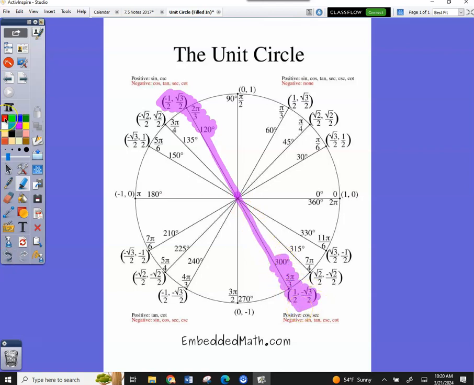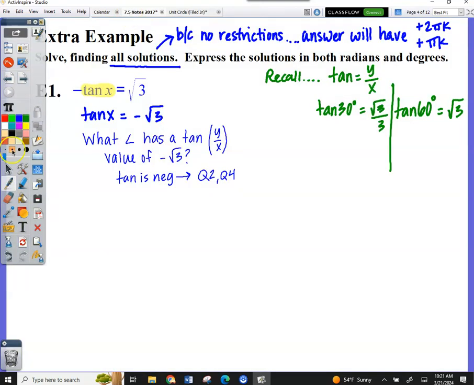Red means wrong. Like if you did this one correctly, but then you went here incorrectly, something should be off. They should be opposite of each other because it's the same reference angle. And now you pull the radians and the degrees from that. So I'm going to go in order. First angle is 120. Second angle is what? 300.